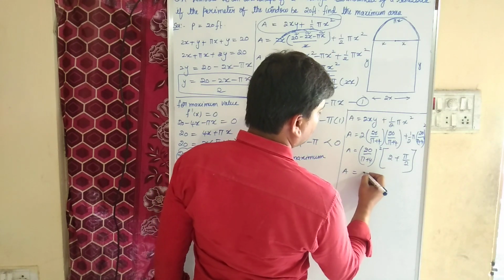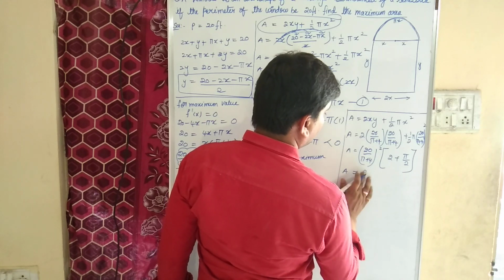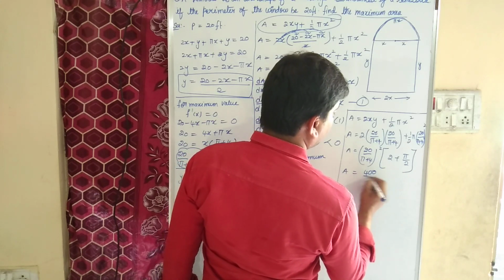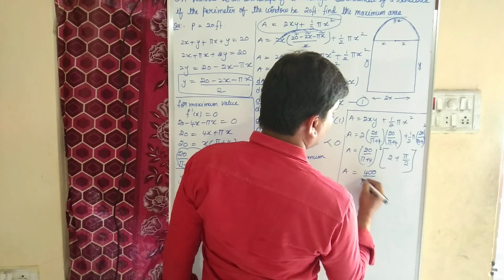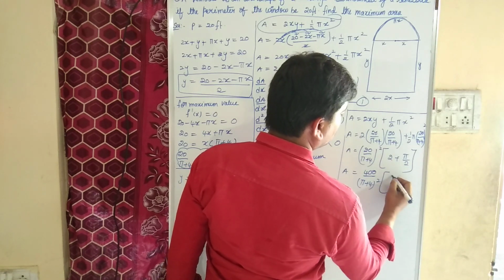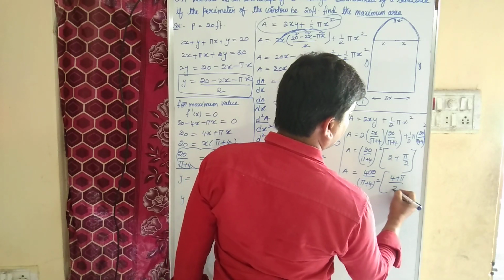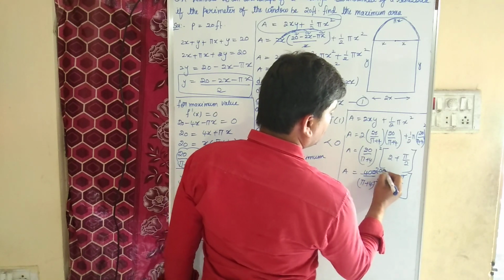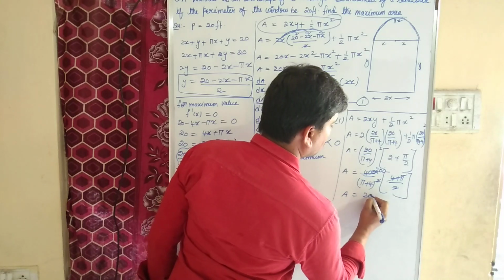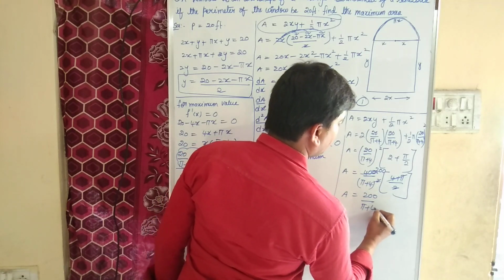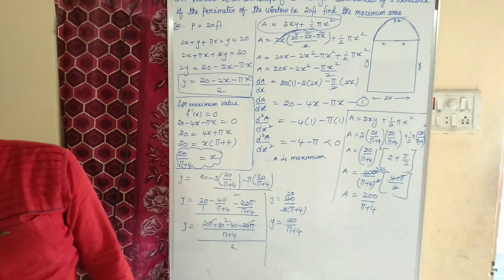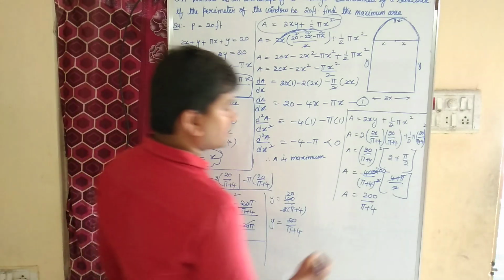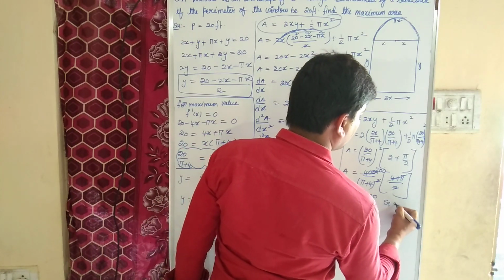So A equals 20 square, I can call it 400, by pi plus 4 whole square, into 4 plus pi by 2. Pi plus 4 cancel, 2 ones are 2, 2 hundreds are 200. So A equals 200 by pi plus 4, that is square units because it is area.